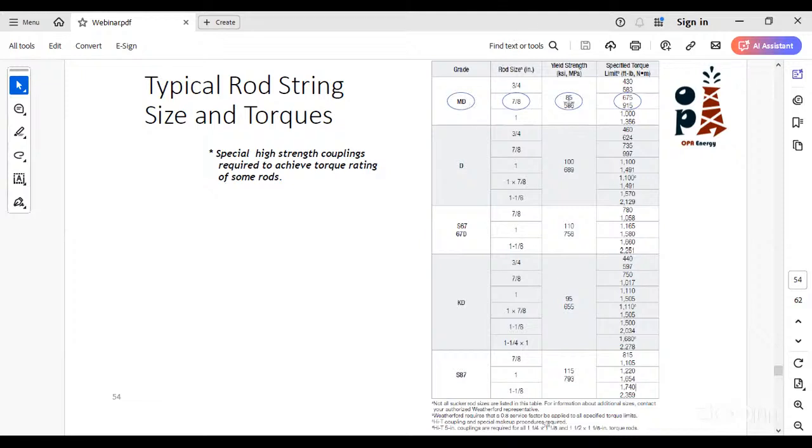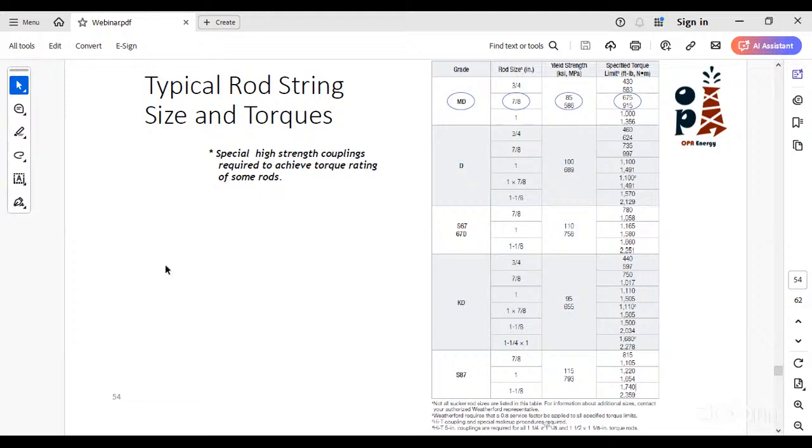So let's have a look at the yield strength of the system and the torque that the system can withstand. These are the specs of the rods that we are using. So we should check now if these rods are exceeding our requirements or if they cannot fit our requirements.